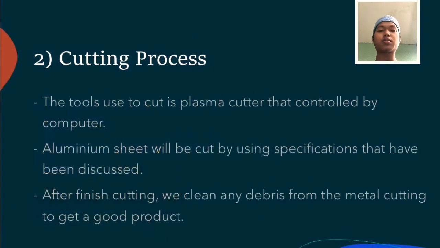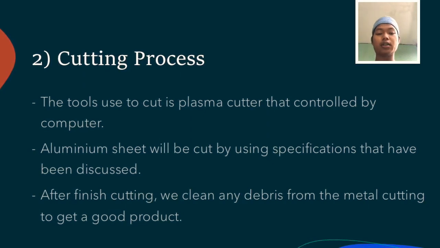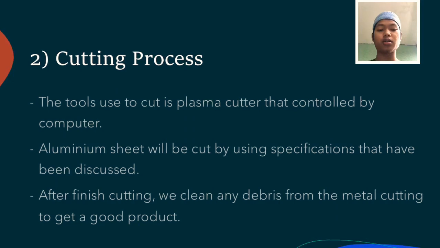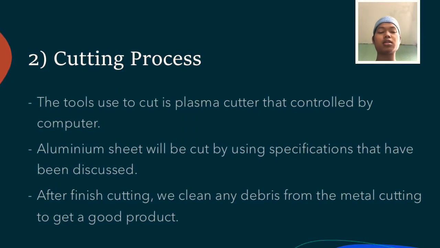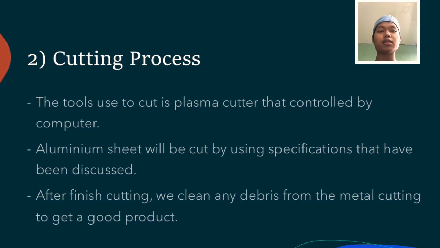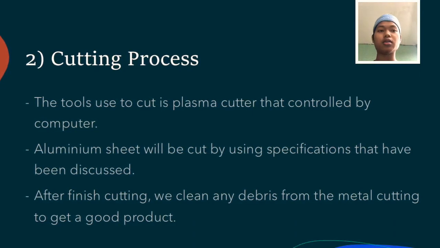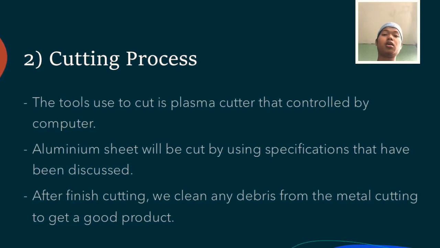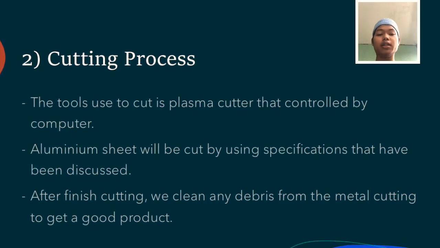So the next process is the cutting process. In this process, the aluminum sheet will be cut into the parts that we want. The tool that we use to cut the aluminum sheet is a plasma cutter that is controlled by the computer.